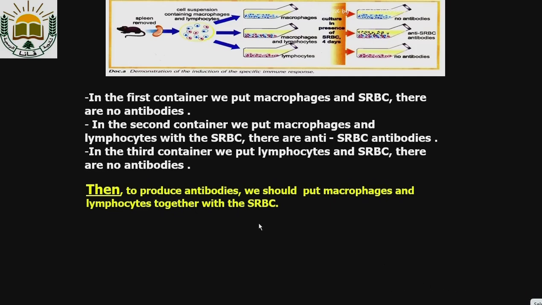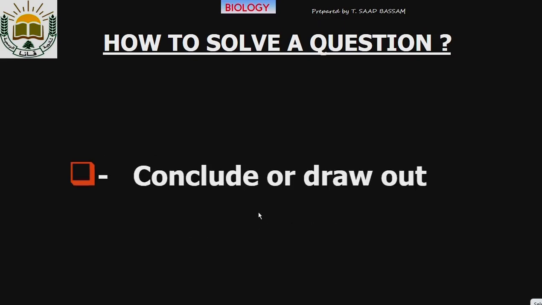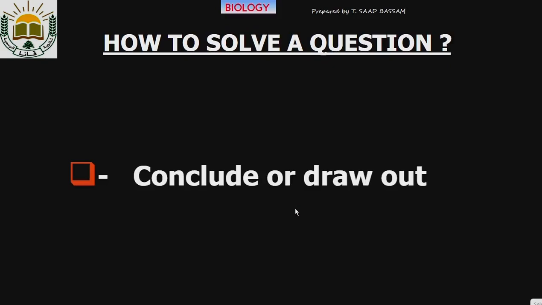Good. Now I will pass to the last question, that is conclude. Look at this, please. The verb conclude, or draw out. We can ask you, what can you conclude from this experiment? Or we can ask you, what can you draw out from this experiment?